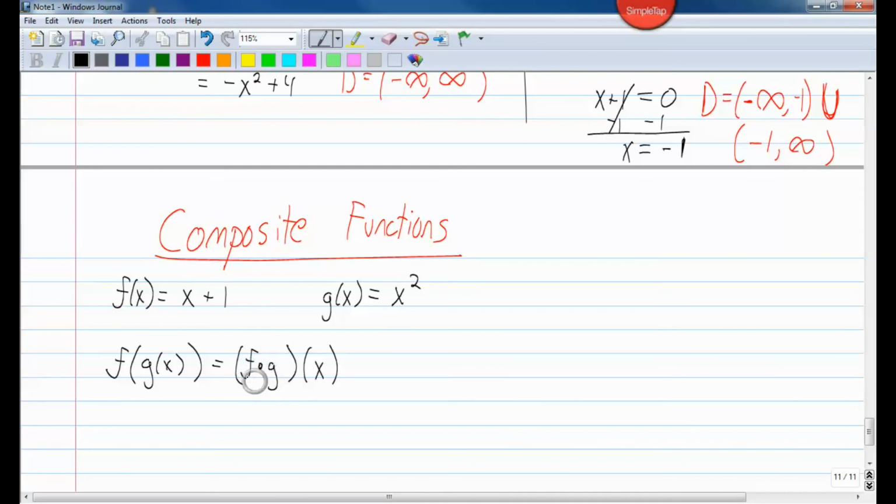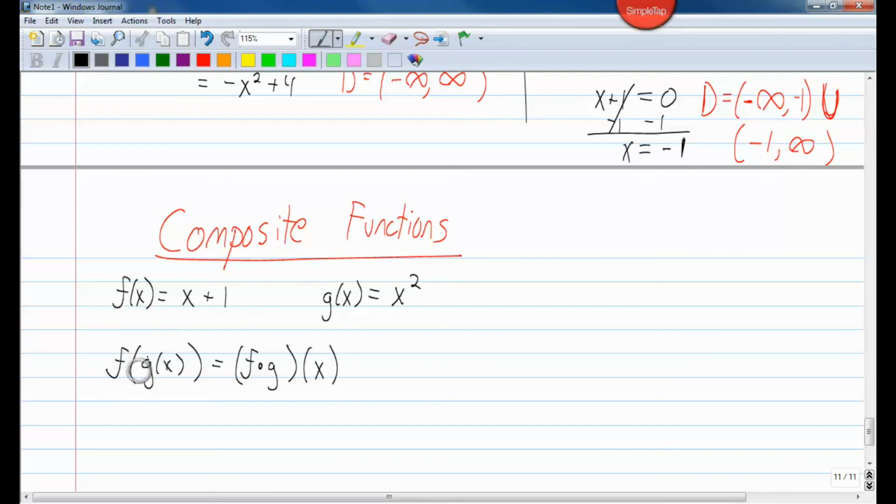If you see this notation, this means take the second function, or take the g, whichever one the g is, and plug it into the f. This is read f of g of x. So they're read the same way, and they mean the same.